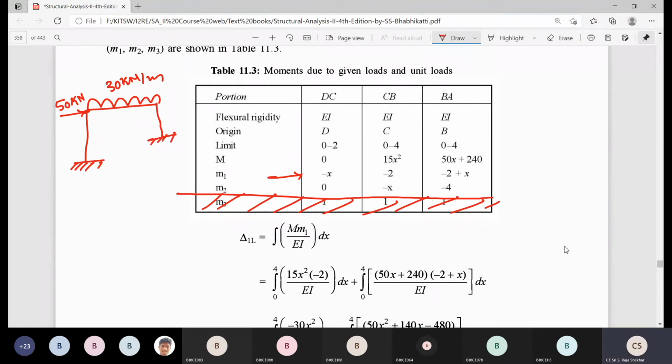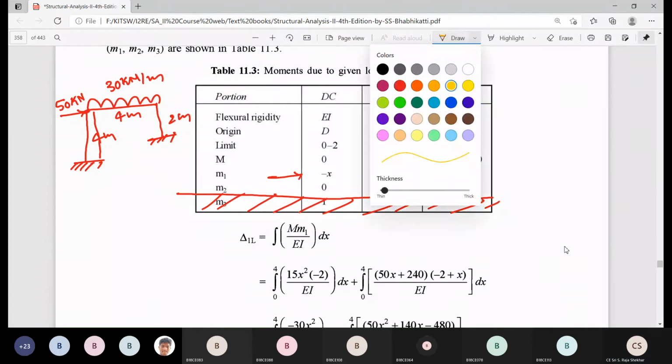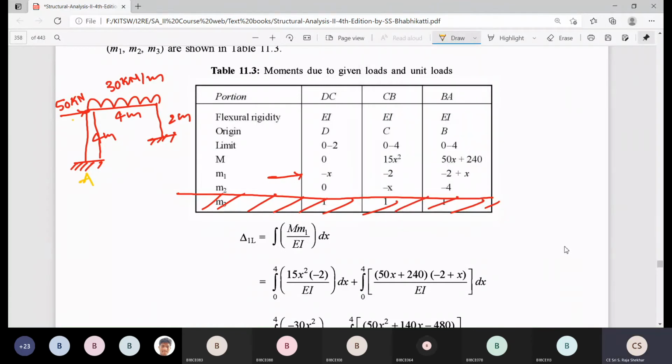The length of this column is 4 meters, this is also 4 meters, and this is 2 meters. So this is support A, support B, support C, and support D.